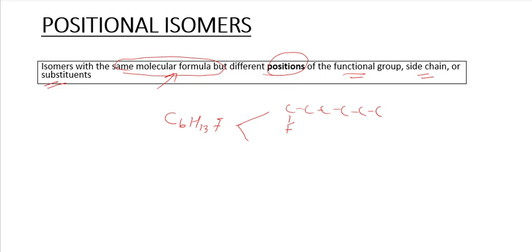Then for the second, 1, 2, 3, 4, 5, 6, then we can put F in any position. It can be position number 2, it can be position number 3. So we keep moving the F, and we will have the positional isomers for the given molecular formula.